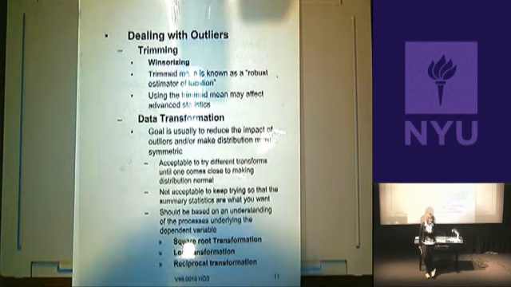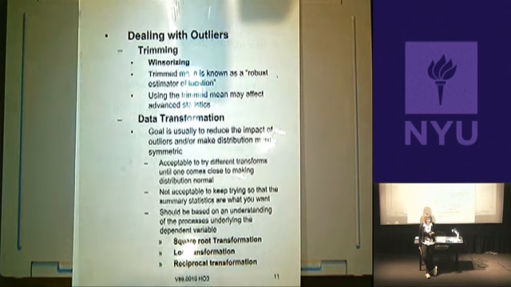Windsorizing is another technique of dealing with outliers in which you don't delete the uppermost scores and the lowermost scores. What you do is you decide on a percentage, and then you replace the numbers with the most extreme score that you're not changing.